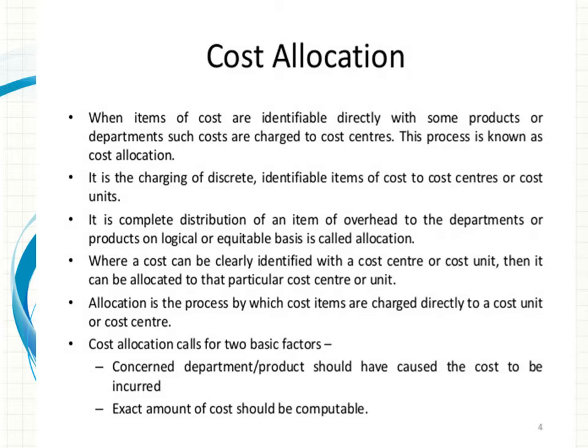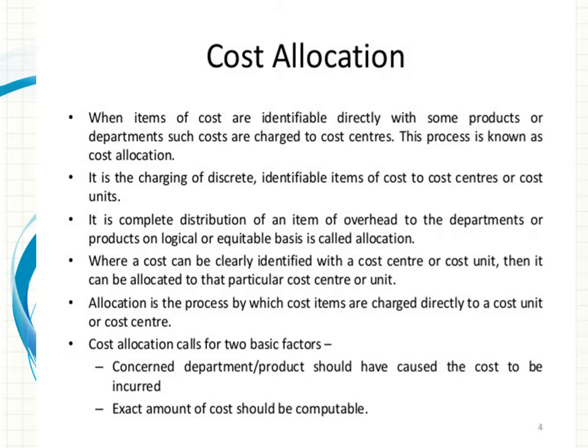It is the charging of the identifiable items of cost to the cost center, and the distribution of overhead items to the departments or the products on some logical or equitable basis. If the cost is identified clearly with the cost center or cost unit, then it can be allocated to that particular cost center.